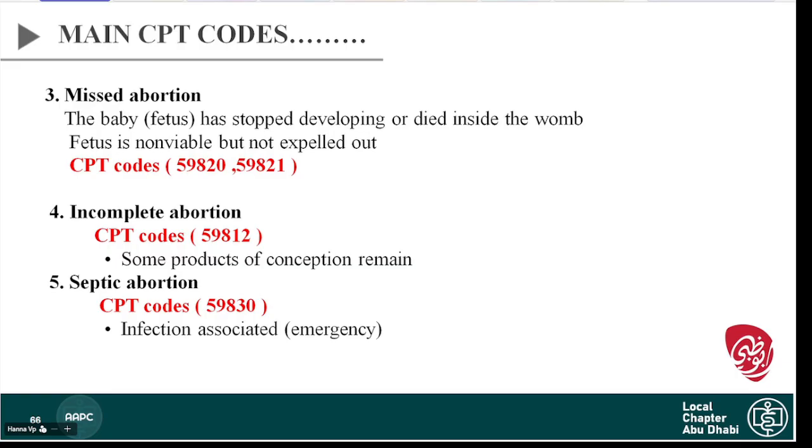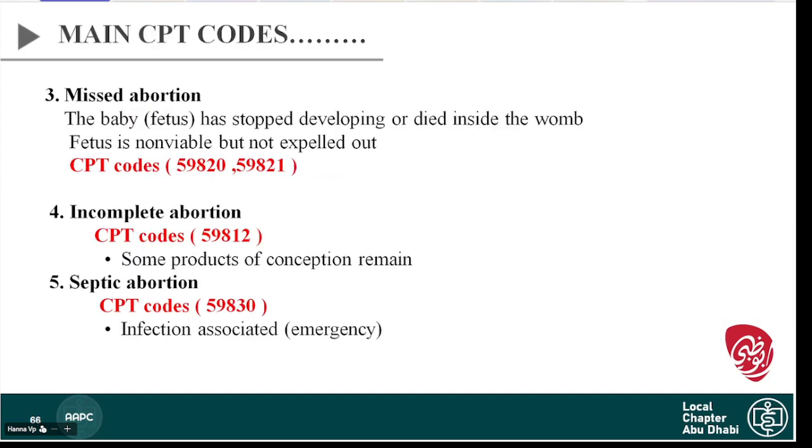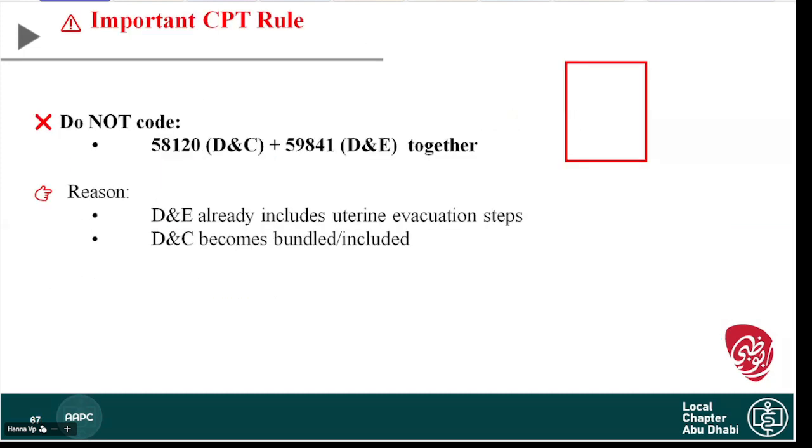Now, here there is an important CPT rule, especially before we discuss the surgical procedures, dilation and curettage, and dilation and evacuation, guys. So here we have a coding rule. Let me show you that. Important CPT rule.